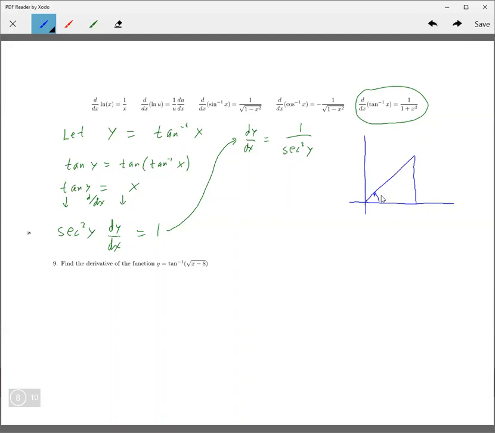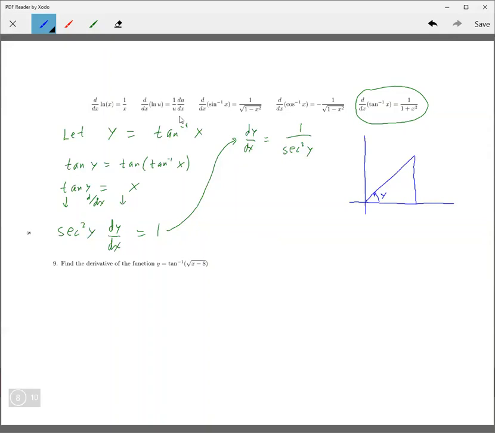Because inverse trigonometric functions, the inverse tangent of x is an angle. Inverse sine is an angle. Inverse cosine is an angle. Inverse, or arc sine, arc. This is also arc tangent. Those are all angles, or can be thought of as angles. It's probably the most natural thing to think of them as an angle.